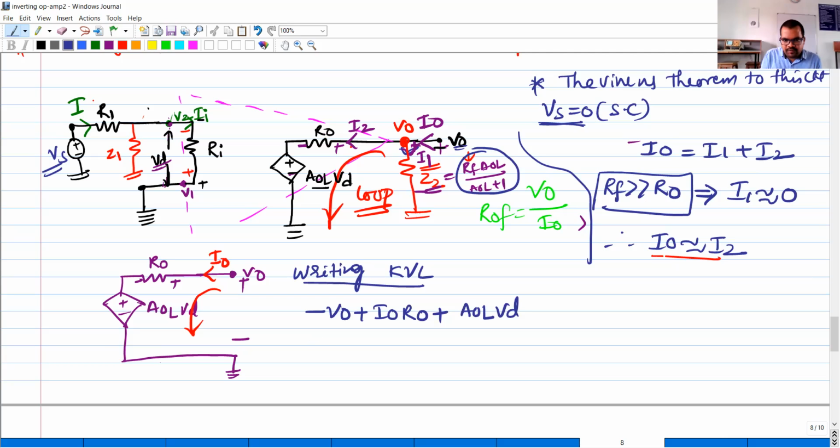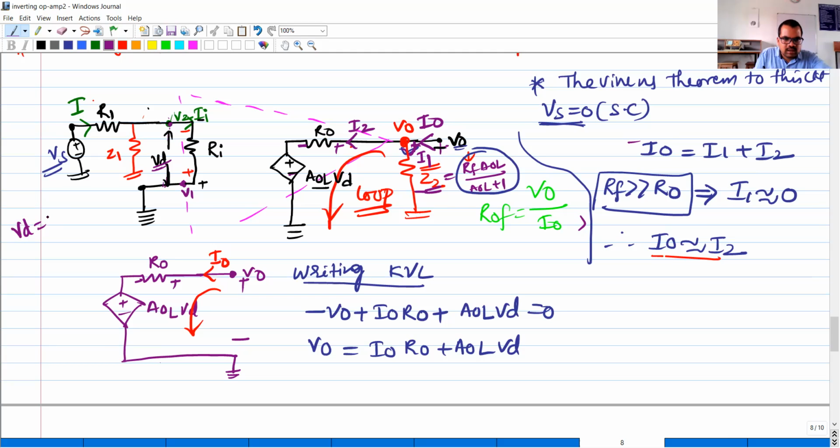Once again, V0 is equal to I0 R0 plus AOL VD. Now, what is VD for this circuit?